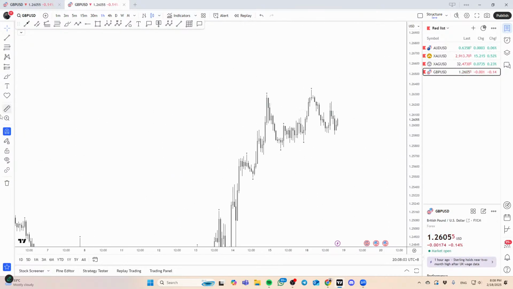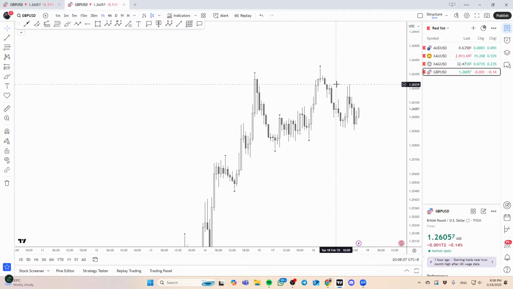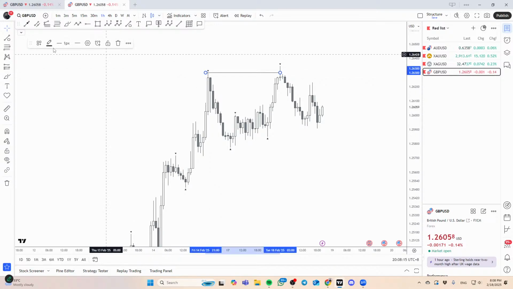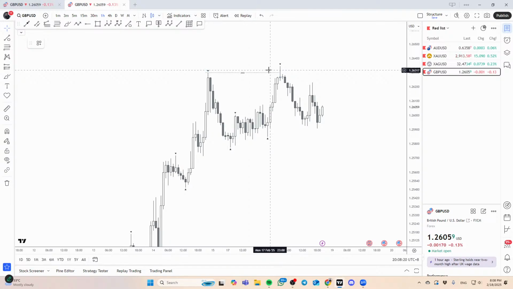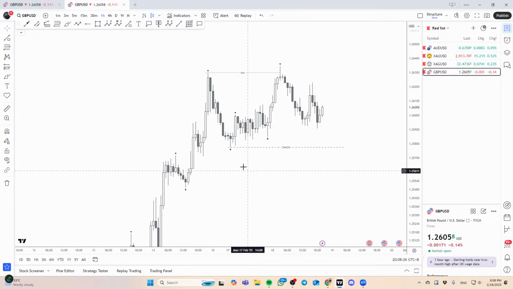So the setup here is really based on a simple SMC model. What we have is, you can see price took out the high. Right now we can't really say that's going to be a sweep of liquidity, but if price can actually U-turn and take out that swing low, then this would more or less be confirmed as a liquidity sweep, right?